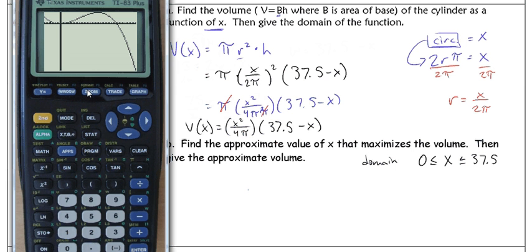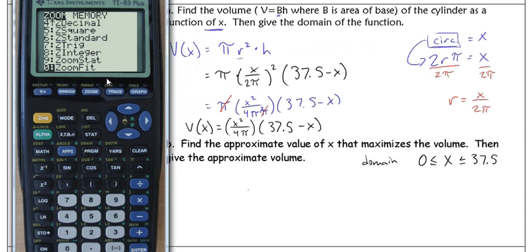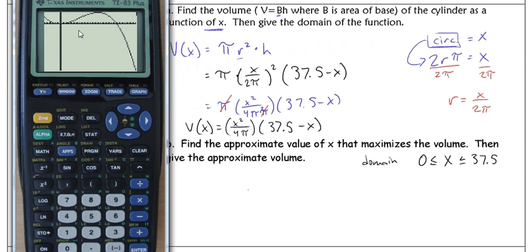And so just to fit it on my graph, I went out to Zoom Fit and got that graph on there. And so now again, we're still looking for the maximum volume. To find the maximum, minimum, or zeros on your calculator, hit second and trace, which gives you that calculate function up there. So I'm really trying to get to calculate, and I want to know what my maximum is.